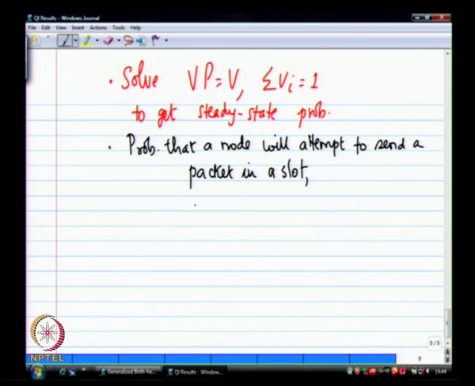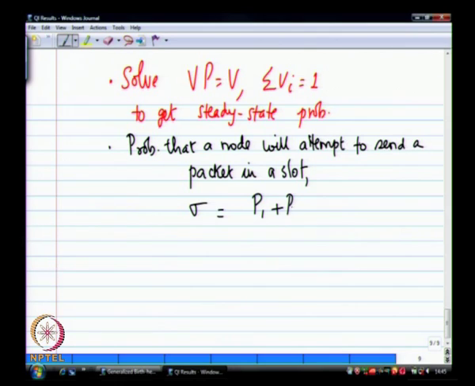We will call this sigma. For a node to be in transmit state, what is the probability that it is either in P1 or P2? So if I know P1 and P2, I can simply say that I am in transmit state with probability sigma; in one of those two states I am sending the packet.